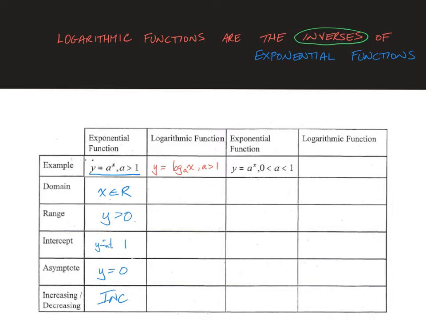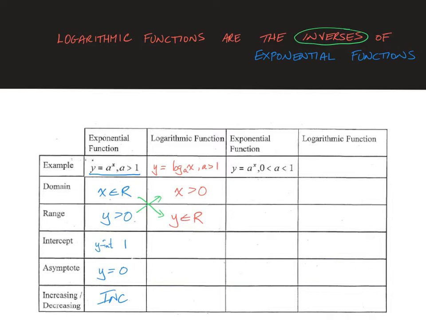If my domain on my original curve is interchanged, then my range must match. If my y values on one graph get interchanged, then their x values must match. And so we have this relationship when we talk about inverse of those two things occurring.